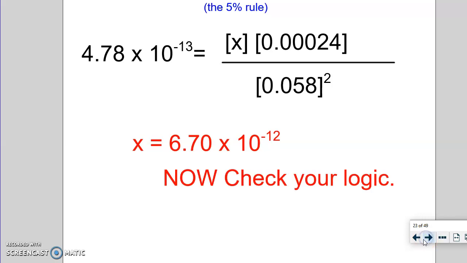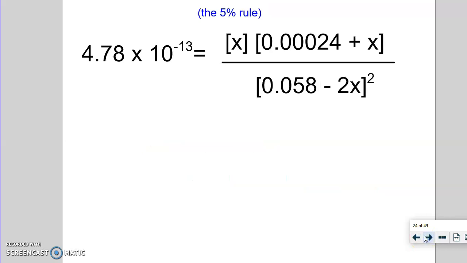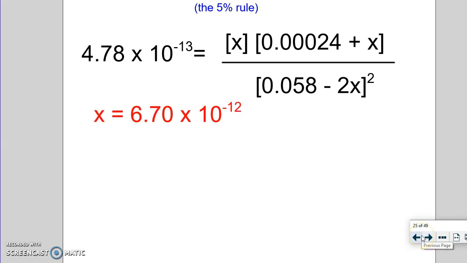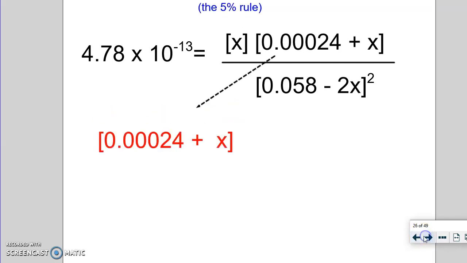So now we've got to check our logic. Go back to the original equation the way we had it before, and now that we know what x is, we can plug x in there. So x is 6.70 times 10 to the negative 12th, and the first term at the top, we had 0.00024 plus x.